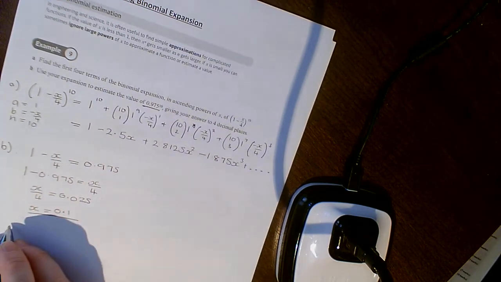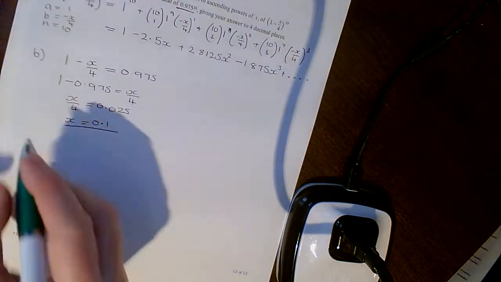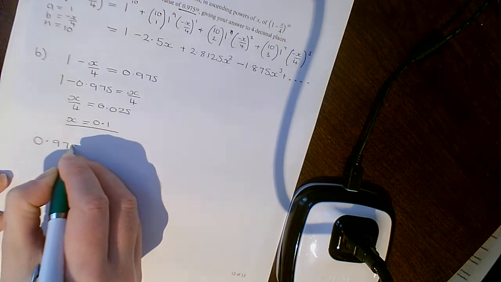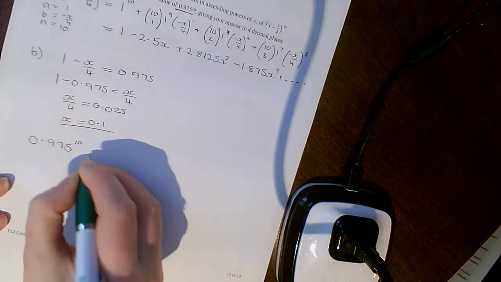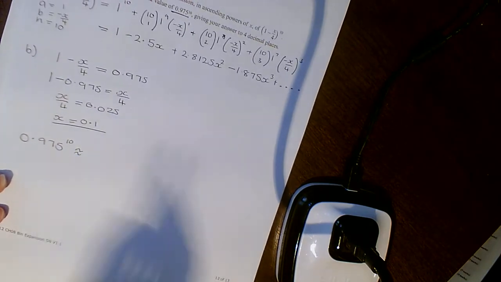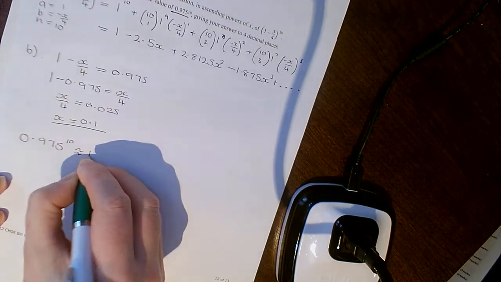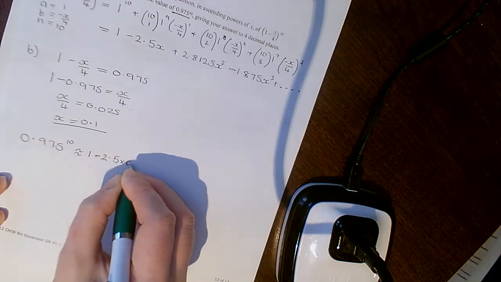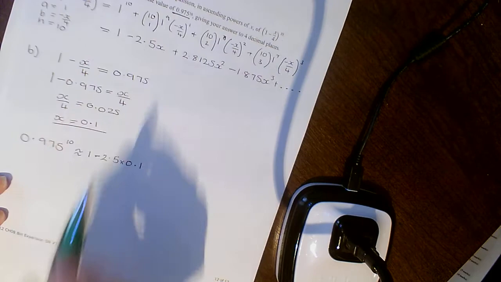So, to get an answer for 0.975 to the power of 10, we're getting an approximate answer, so you will see that, which means approximately equal to, and all we do is put the 0.1 into the expansion that you've got here.